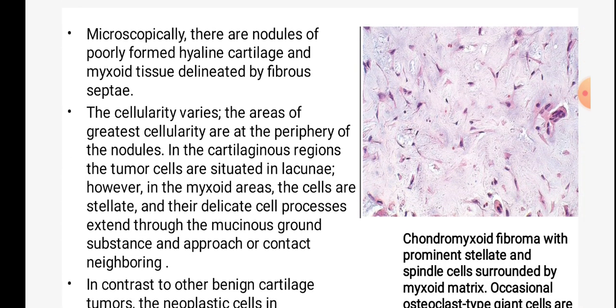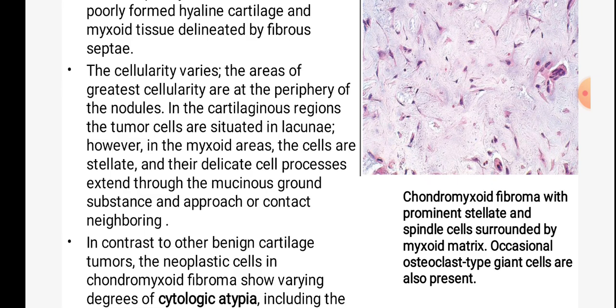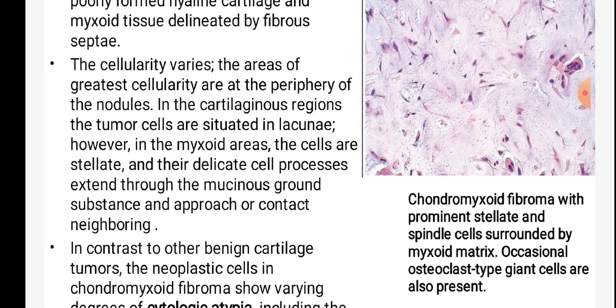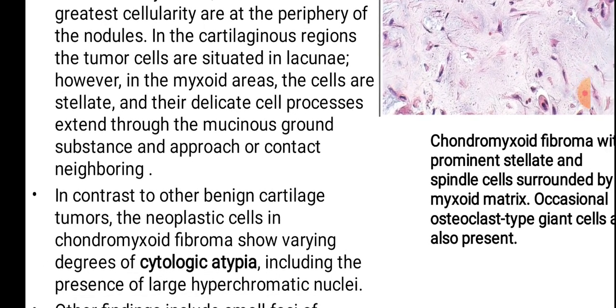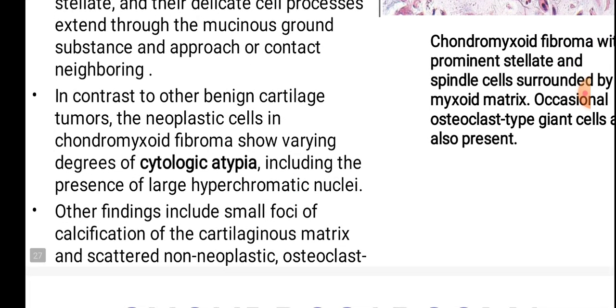Microscopy. So nodules of poorly formed hyaline cartilage with myxoid tissue can be seen here. Cellularity again varies. At the periphery of the nodules in the cartilaginous regions, the tumor cells are situated in lacunae. So delicate processes could be seen here, with varying degrees of cytological atypia.